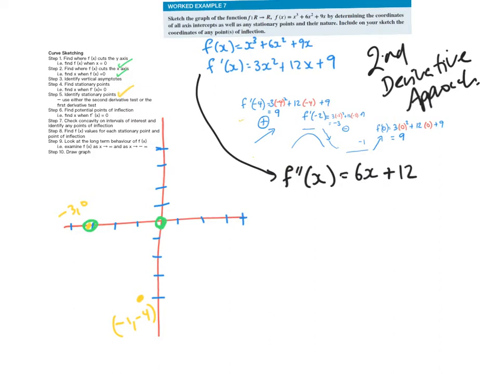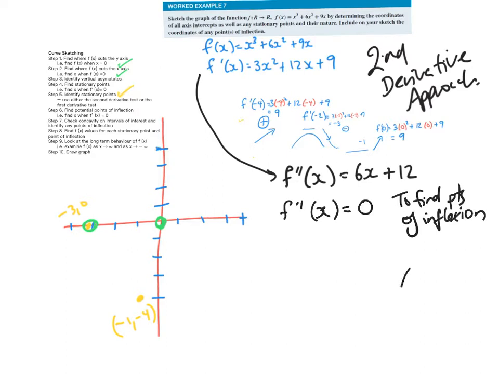So the next thing we do, our step 2, is that we set the second derivative to equal 0, so that we can find points of inflection. Now they are sort of like turning points, but they don't turn completely. They kind of flex. So they start to turn and then turn back.